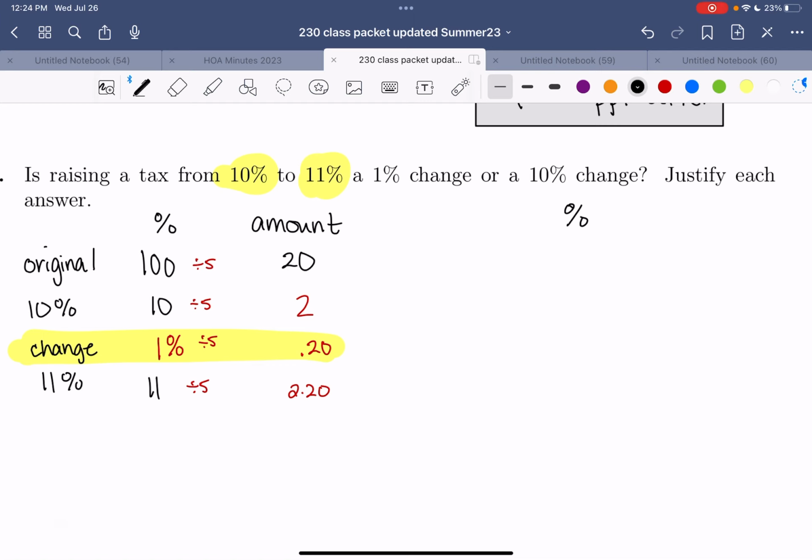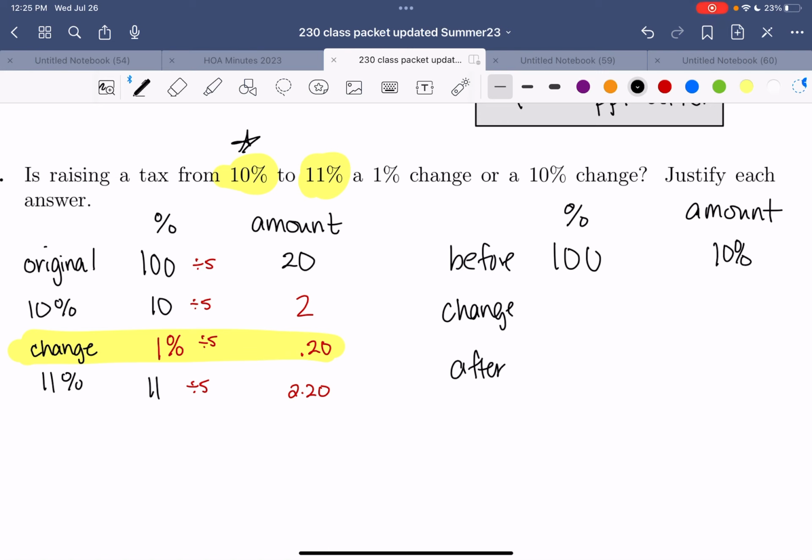And let's think about, instead of listing the 10% in the percent category, I'm going to list it in the amount category so that I have a before, a change, and an after, right? And so the before is always the 100%, and this is the original, the before amount is going to be this one, the 10%. And the after is going to be 11%, right? And then the change is 1% here.